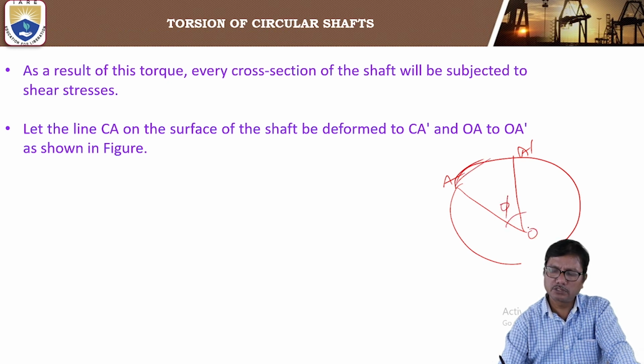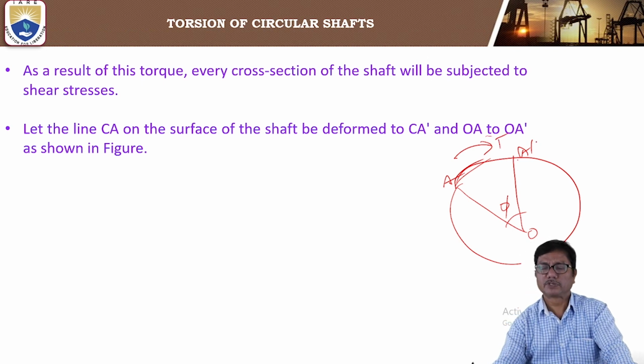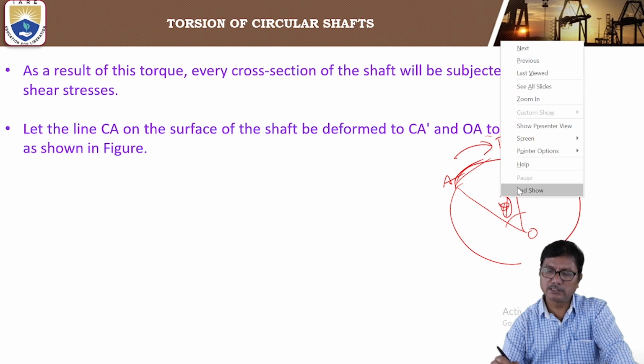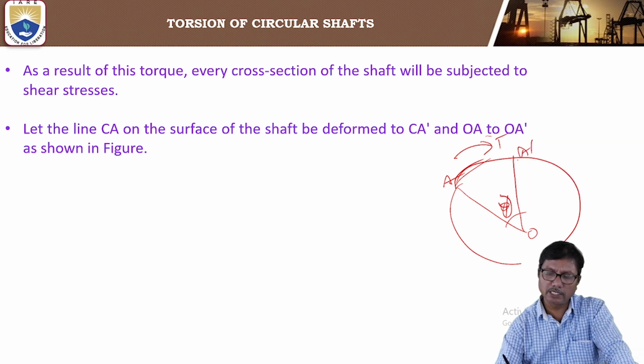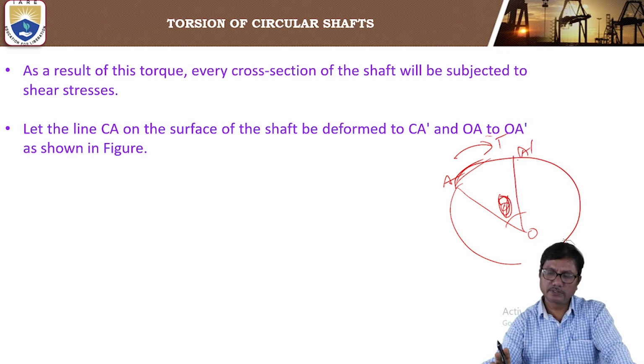The new position of OA after being twisted is OA dash, and this angle is theta, the angle of twist.